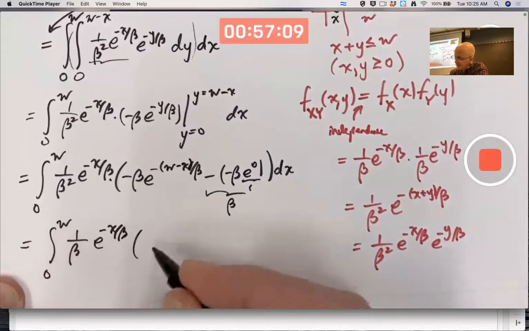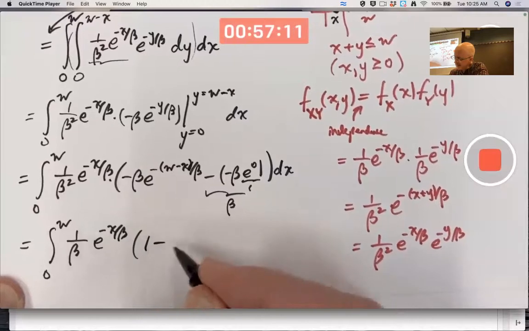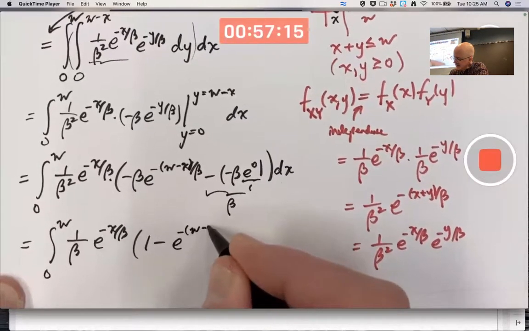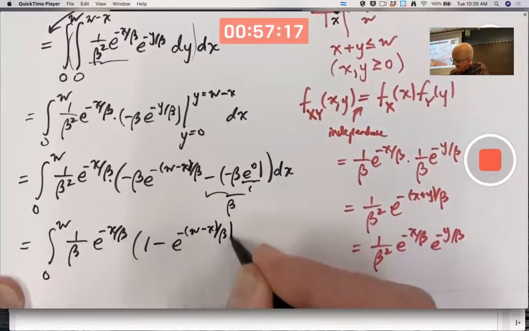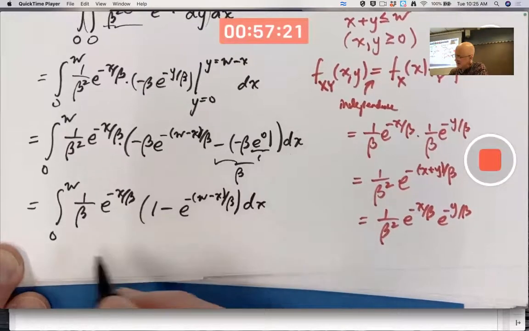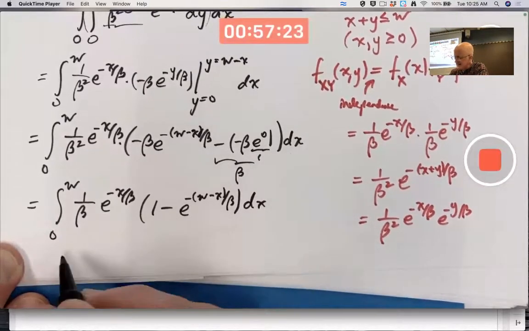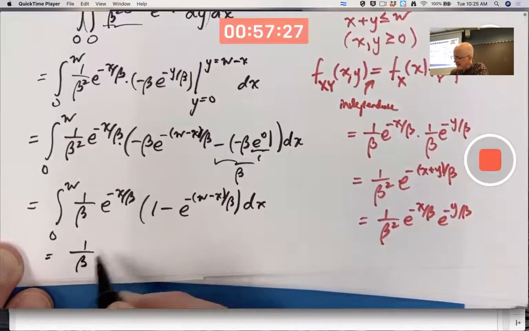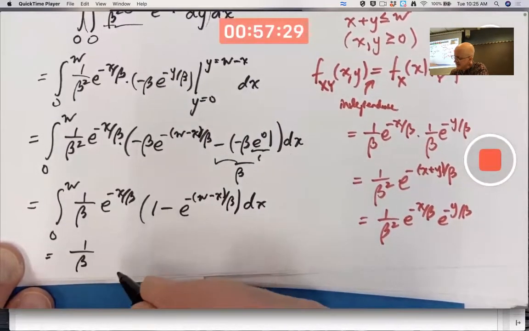And what am I left with? I'm left with, I guess, 1 minus. Oh, this is turning out not so nice. I can bring the 1 over beta in front. Maybe I'll go ahead and do that. But it seems like I've got the integral of the difference of two things.